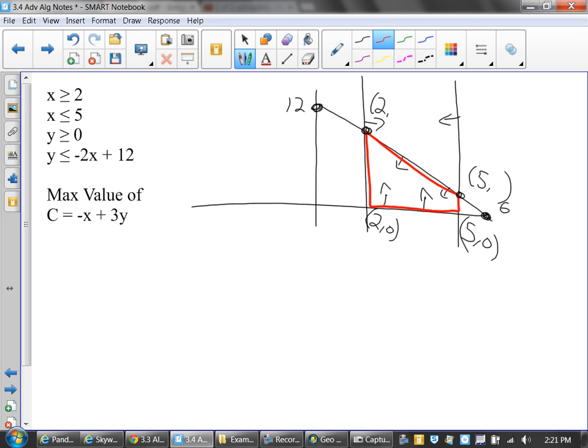Now to figure out the y values, all you've got to do is substitute in, because you know what x is. X has got to be 2. So 2 times -2 is -4. -4 and 12 is how much? And then I do the exact same thing with the 5.